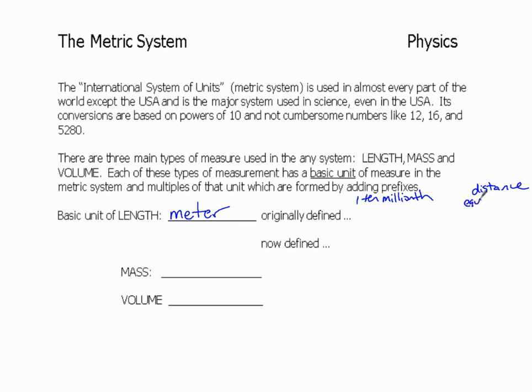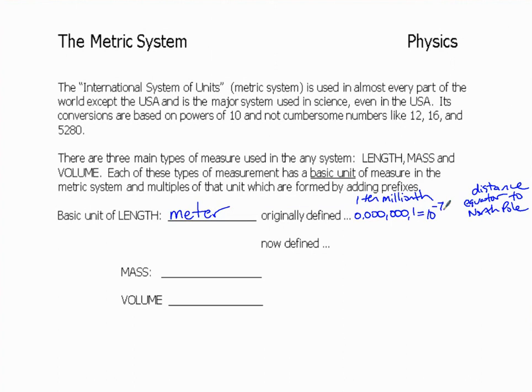Distance, and we'll say that's equator to North Pole. 1/10 millionth, so that is 0.0000001. Or a little easier, 10 to the negative 7.